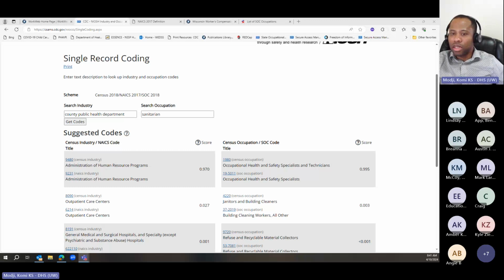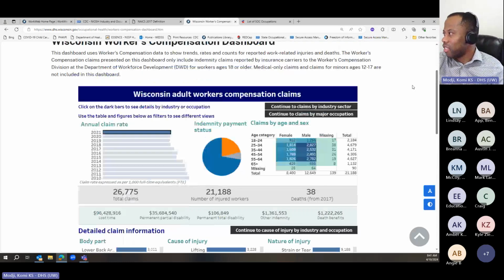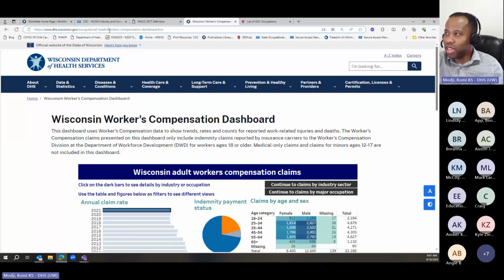Can you all see the screen? Okay, perfect. Before I get to the dashboard, let me also share the link with you.